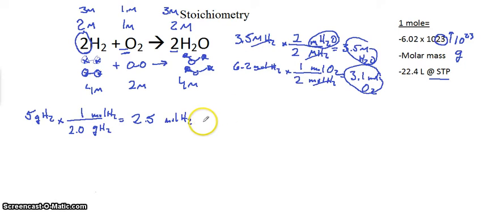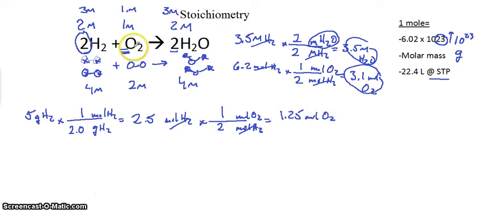Well, if I go from moles of hydrogen to moles of oxygen, we know that the relationship is 1 mole of oxygen for every 2 moles of hydrogen. So if I did my math, my moles of hydrogen will cancel, and I will need half of this number, which of course is 1.25 moles of oxygen. That's how much oxygen is needed to react.